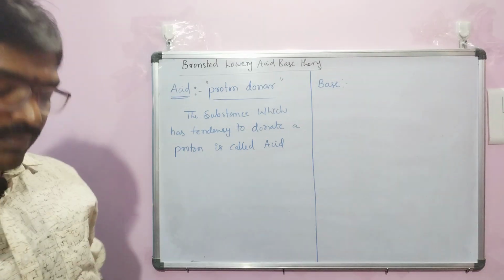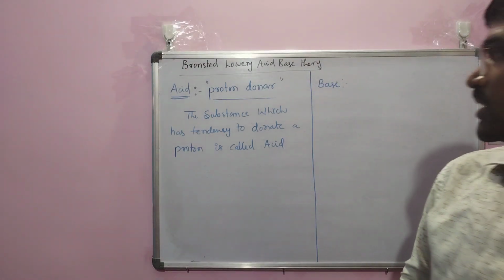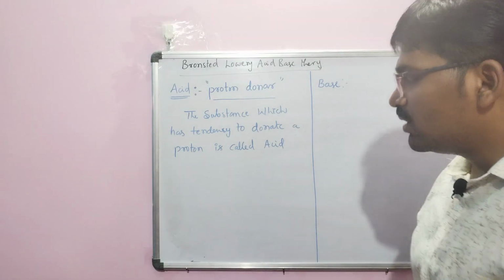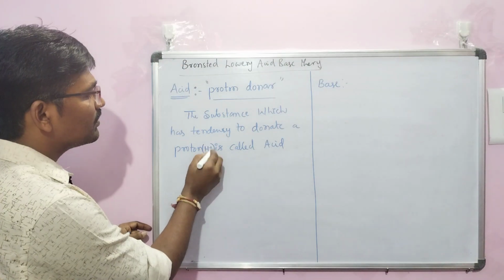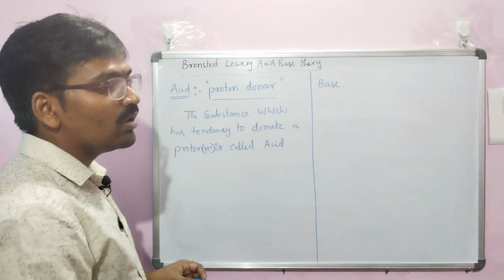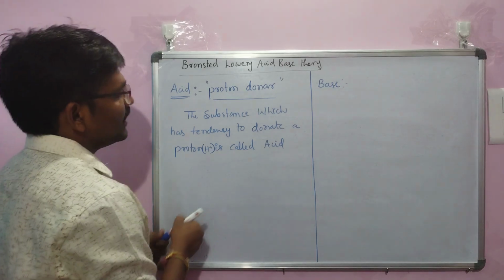According to Bronsted, the substance which can donate a proton is called an acid. Proton is nothing but the H plus ion, which can be donated to proton acceptors. So that is what we are calling an acid.